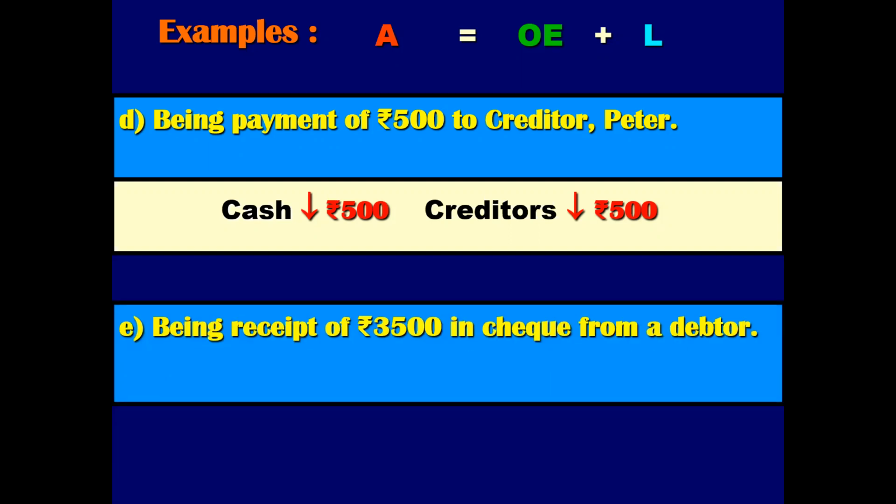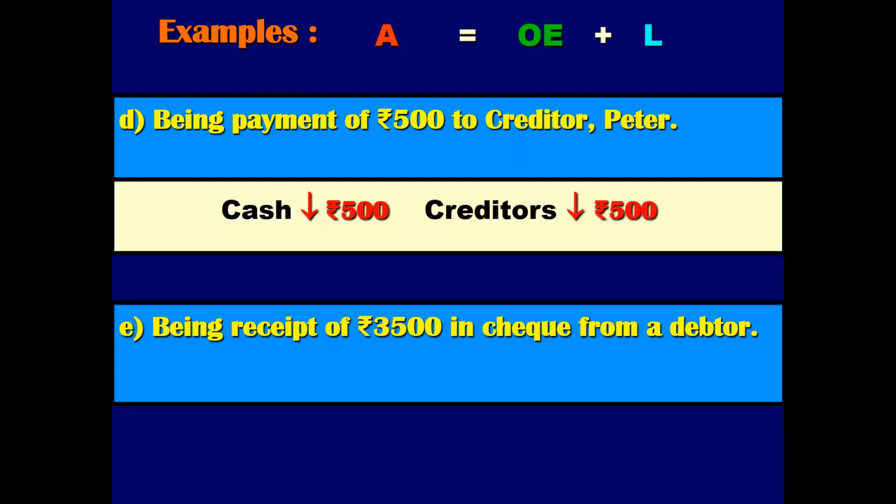Being receipt of rupees 3,500 in check from a debtor. Debtor means that is an asset. What do you mean by debtor? A debtor is someone who is going to pay money to you because you sold some goods on credit.